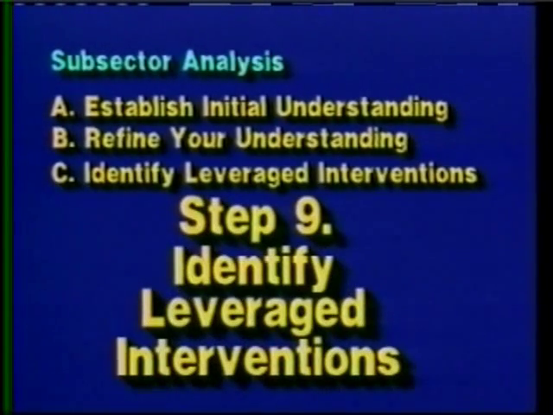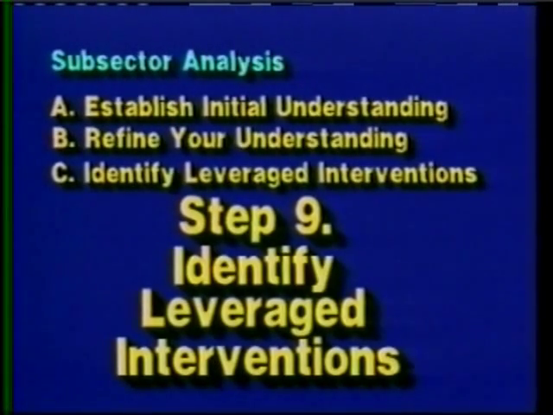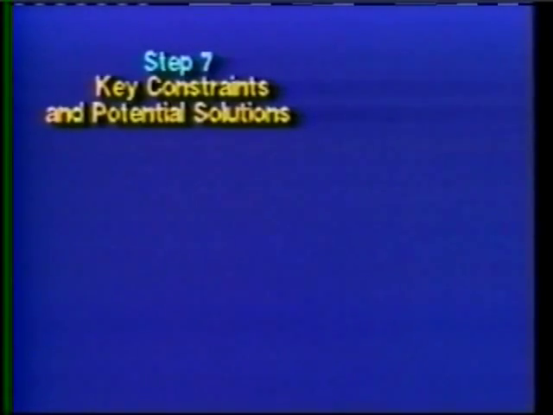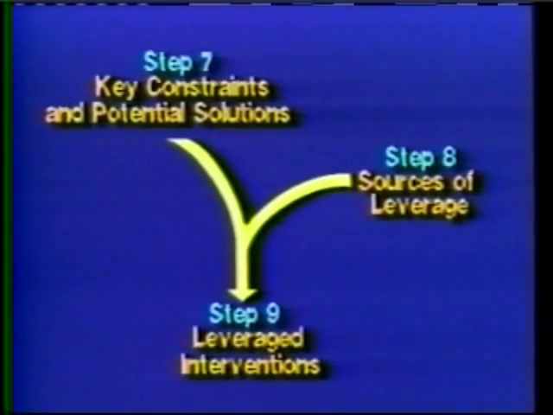Your final task is to identify leveraged interventions, those that assist many households at least cost. Start with the 3 key constraints and potential solutions you identified in Step 7. Then ask yourself, which of these solutions offer prospects for leverage?